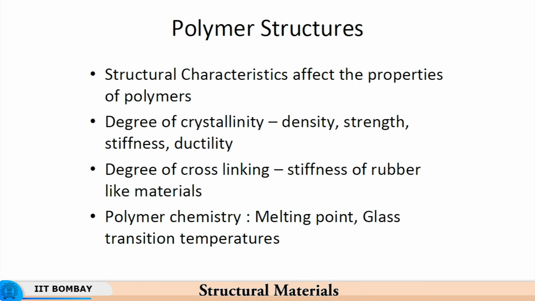Degree of cross linking is very important because these are chemicals formed by covalent bonds. So, carbon hydrogen bond and most of these bonds in polymers are covalent bonds. Now, these covalent bonds can be double bond, triple bond and so on, and then the degree of cross linking results in a polymer having very high strength and a larger melting point.